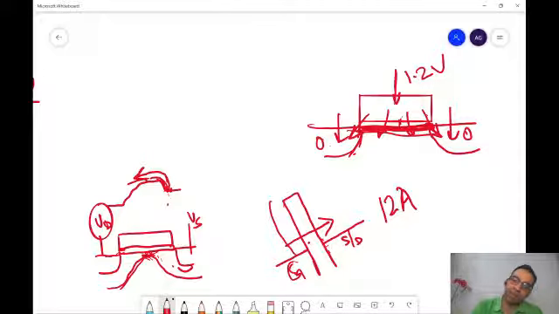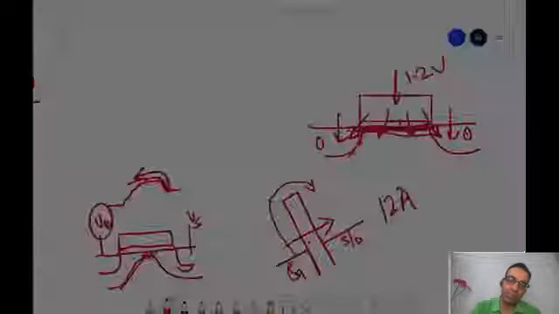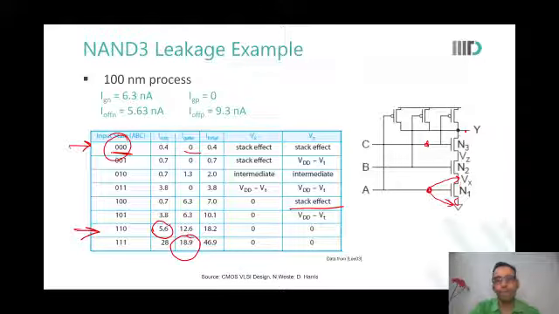Despite there being a barrier, they don't really climb the barrier. They simply tunnel by Heisenberg's uncertainty principle, and you have some current flowing. That is why gate leakage would change depending on inputs.